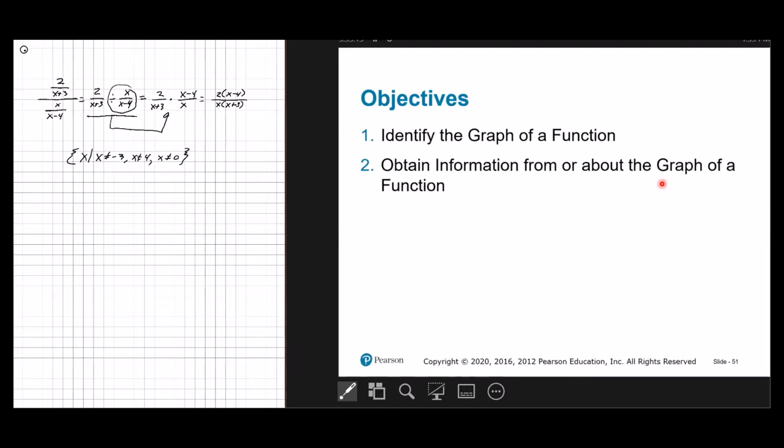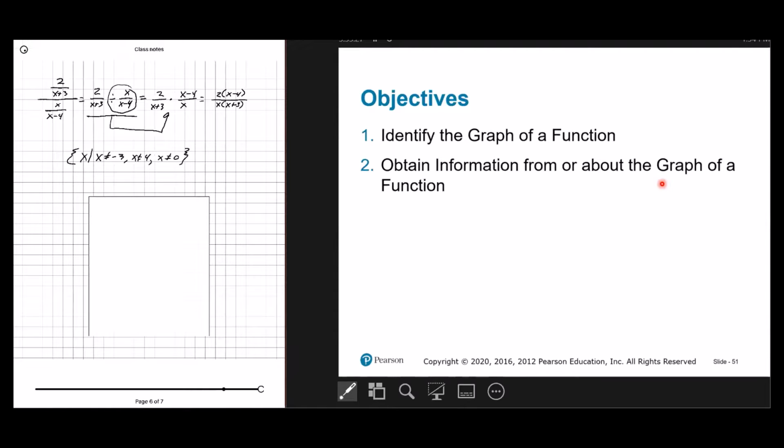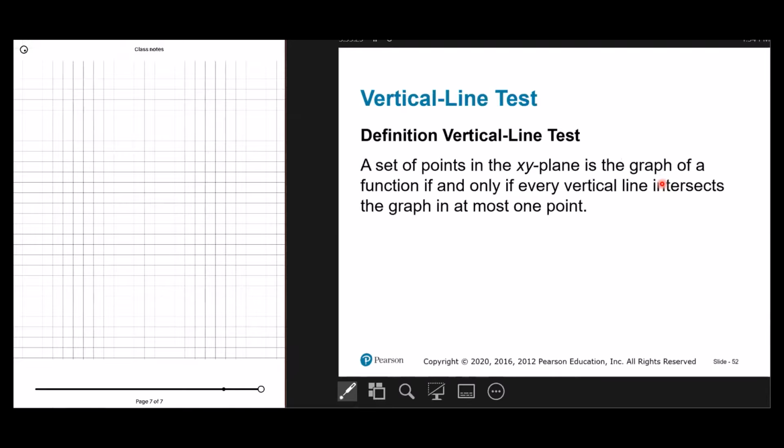Identifying the graph of a function and obtaining information from or about the graph of a function. Well, the first part is easy peasy. So we have the vertical line test.